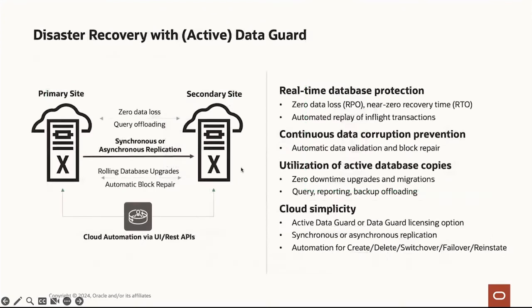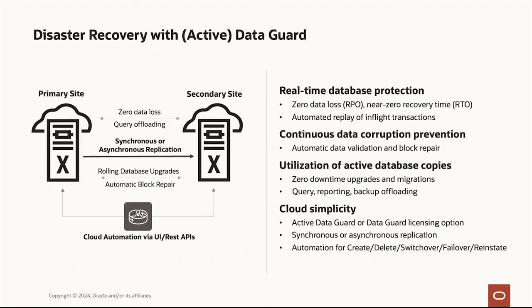All right, so diving into the disaster recovery piece with Data Guard. It's a key database feature that gives you real-time disaster protection. Should you lose your primary database or data center, you can fail your workload over to a standby site maintained automatically by Data Guard.